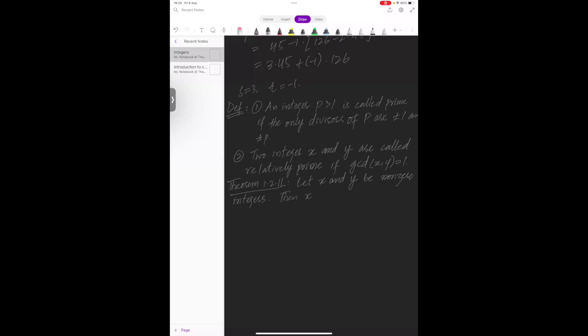Then x and y are relatively prime if and only if there exist s, t inside Z such that 1 equals sx plus ty. We can prove this.